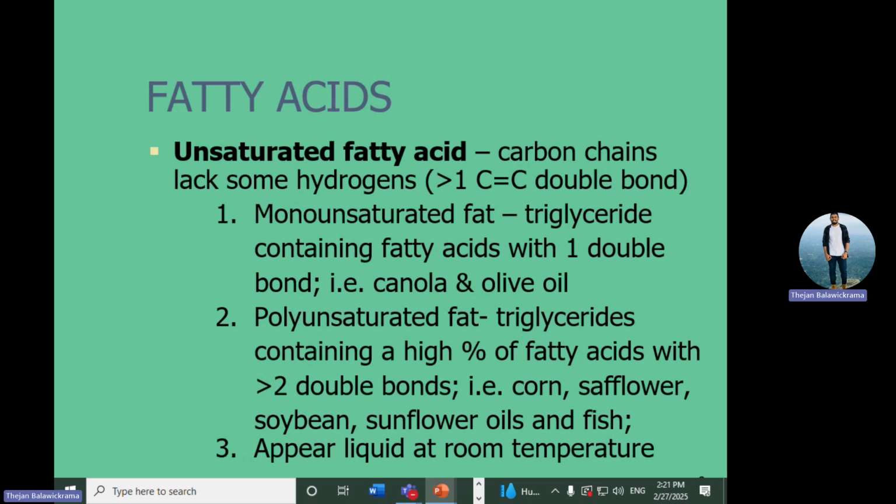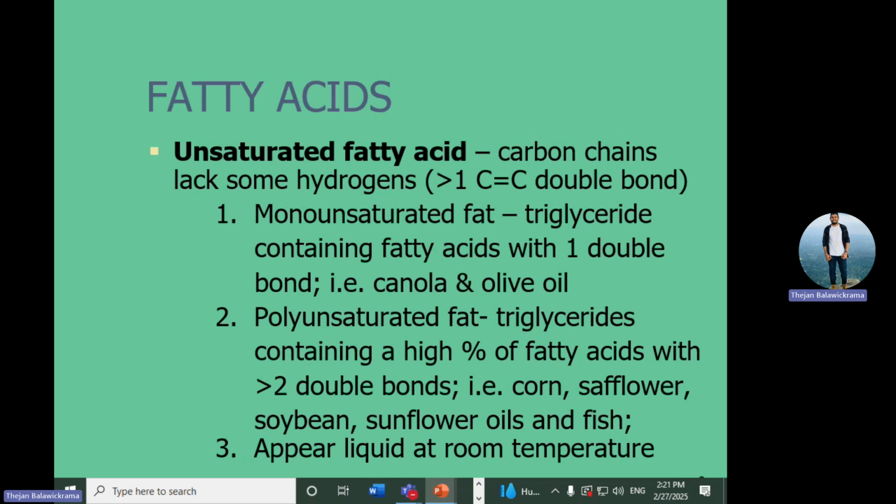So having carbon-carbon single bonds along with a double bond doesn't make it saturated. If we have at least one carbon-carbon double bond, that comes under the category of unsaturated.